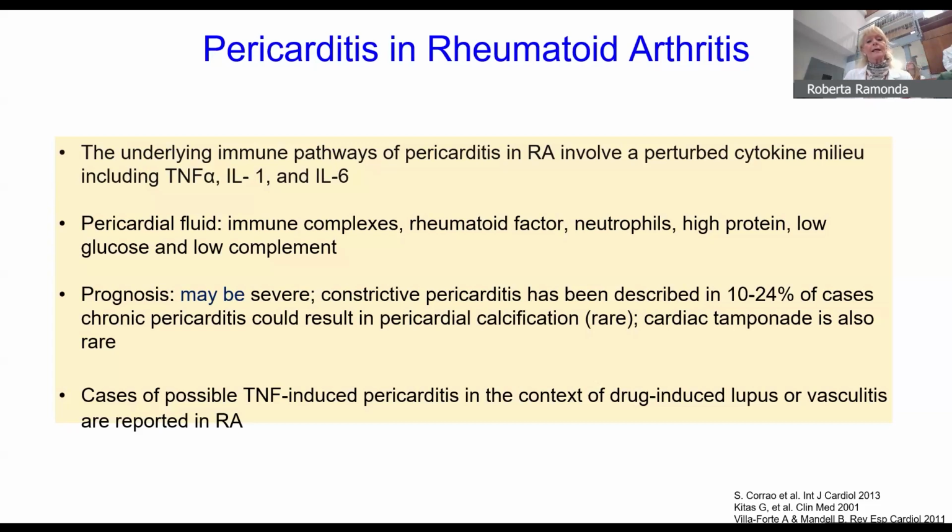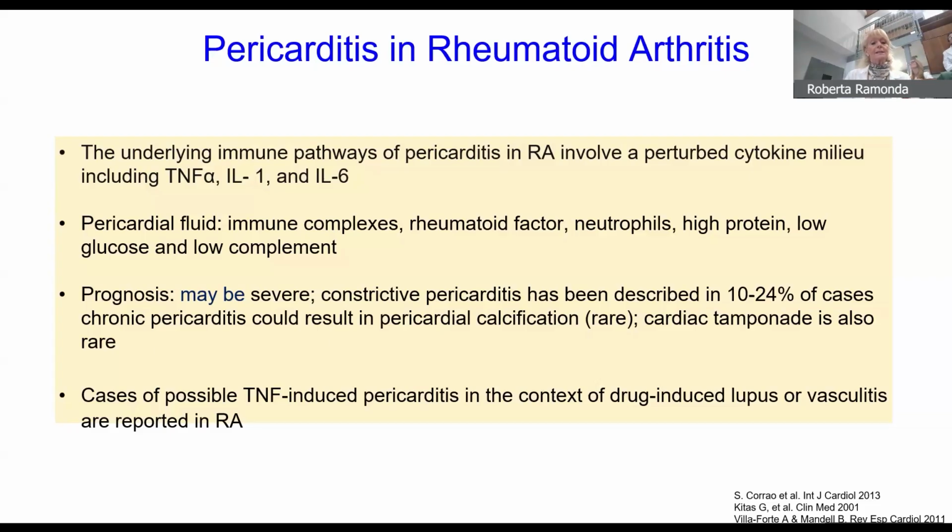Pericardial fluid is characterized by the presence of immunocomplexes, positivity of rheumatoid factors, neutrophils, high levels of inflammatory proteins, low glucose, and low complement. The prognosis may be severe in those patients where pericarditis is constrictive with calcification and sometimes with cardiac tamponade.